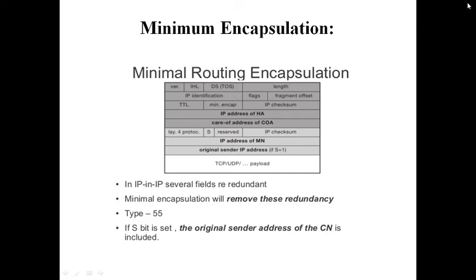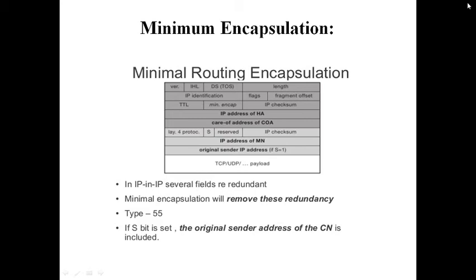Okay, and here the layer 4 protocol is used because all these encapsulation processes will be done at the layer 4 protocol. The new one is the S bit, and if the S bit is set, it indicates that the original sender address of the correspondent node is included here, and removing the source is quite often not an option.